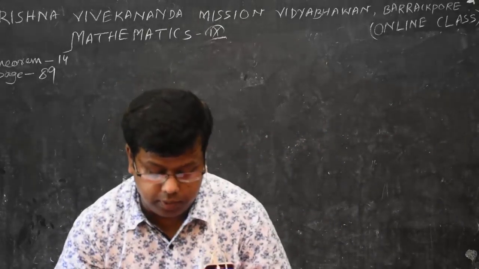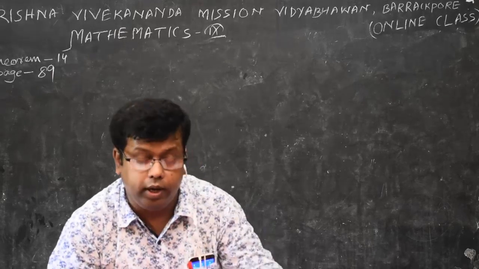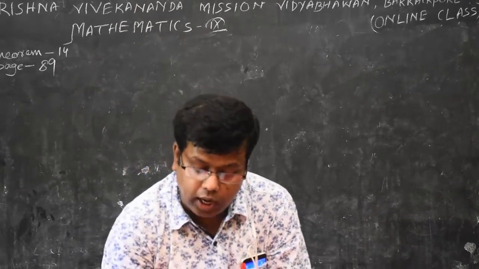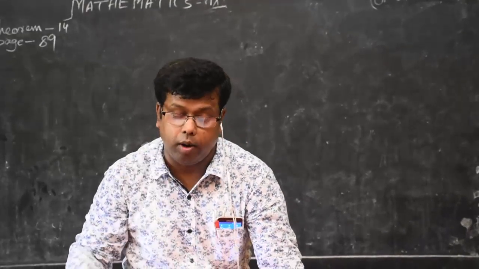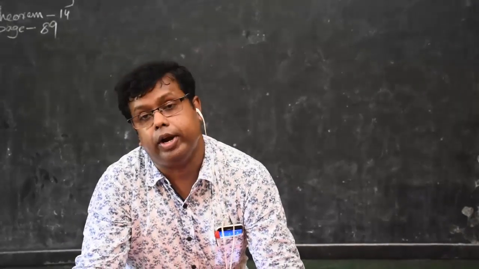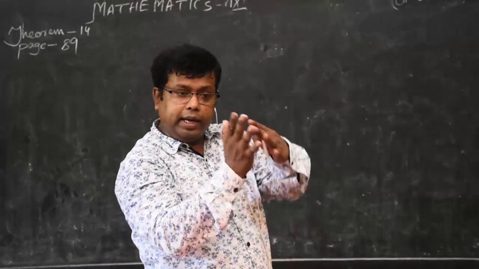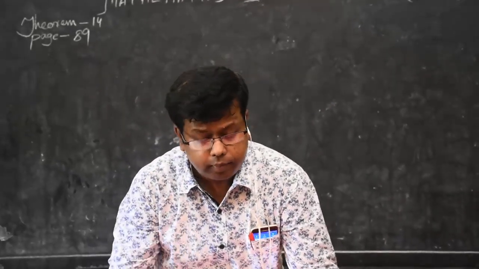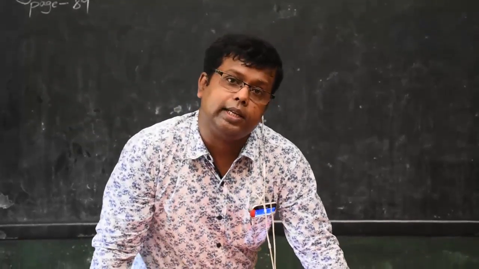For any parallelogram, number 1, each diagonal bisects the parallelogram into two congruent triangles. Number 2, opposite sides are equal. Number 3, opposite angles are equal.